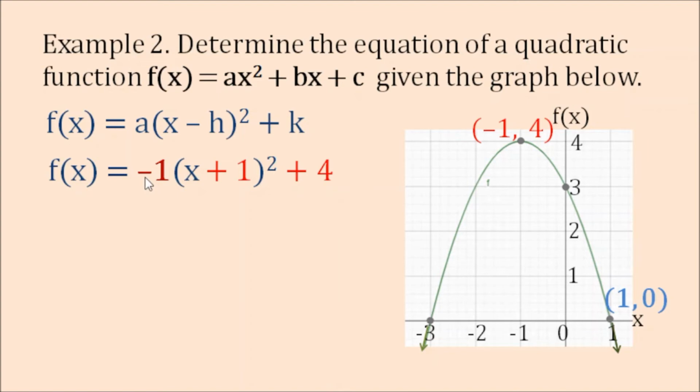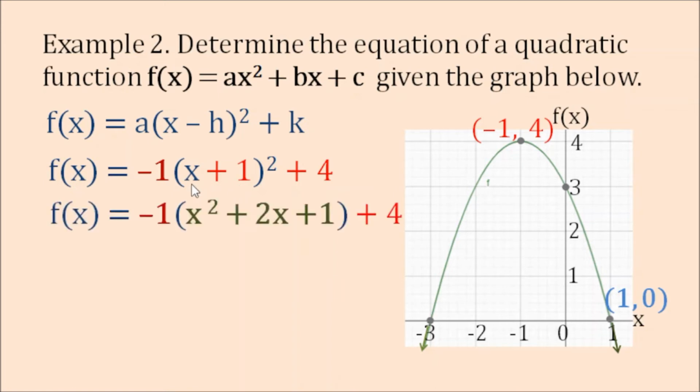So this negative 1 here will affect the product when we square this binomial x plus 1. So we are going to square this first. Okay, we have negative 1 times the quantity x squared plus 2x plus 1. This x squared plus 2x plus 1 is the square of the binomial x plus 1.